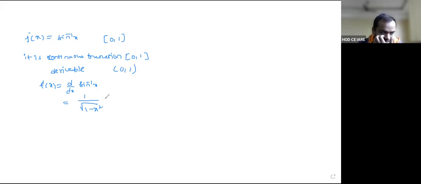So here there exists at least one point c belonging to the open interval (0, 1), and f'(c) = (f(1) - f(0))/(1 - 0). So you can write this.